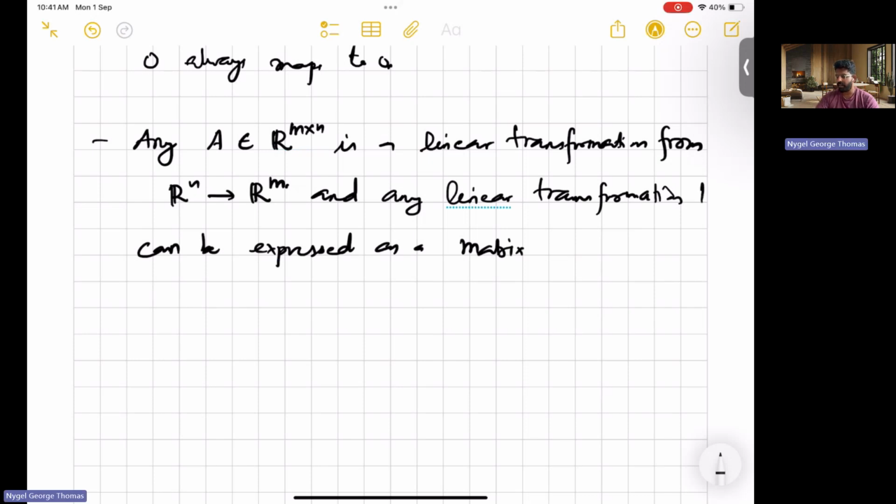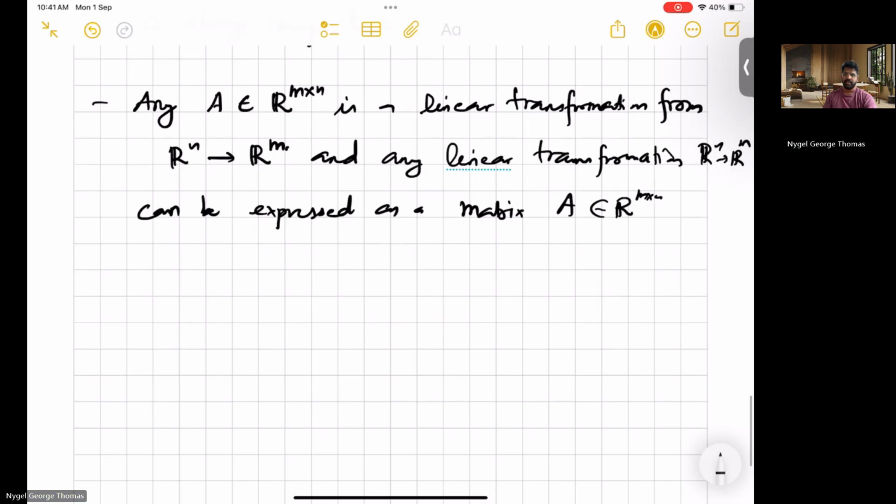Any linear transformation from Rn can be expressed as a matrix multiplication. This is another way of looking at matrix multiplication.